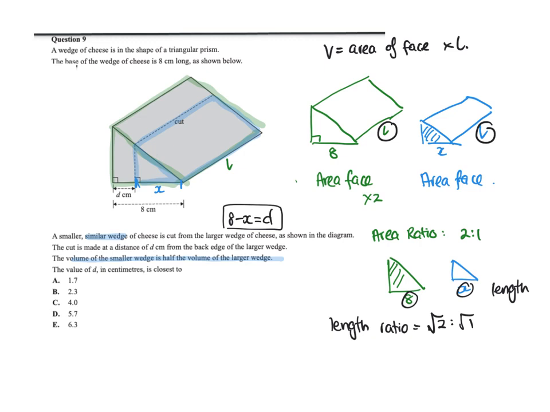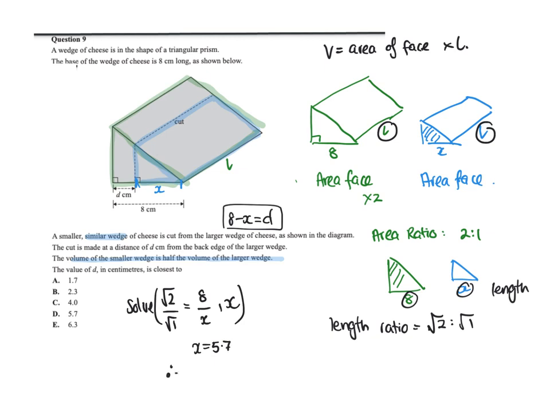Once we've got it like that, you can still leave it in the square root. It won't make any difference. So we pop that in. Square root 2 over square root 1 must equal the 8 over the X. So we say 8 over X, and we can just pop in solve, comma, X, and we end up with X is 5.7.